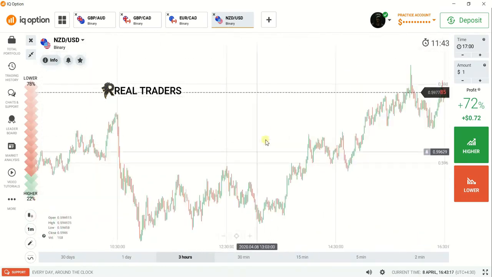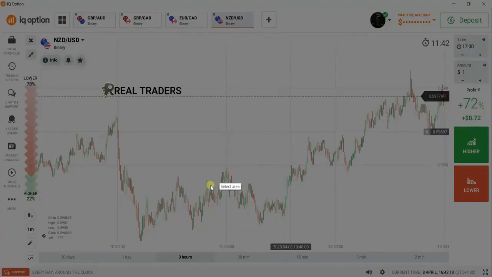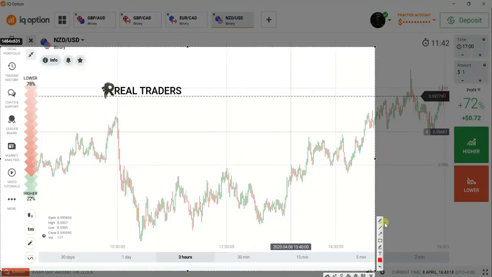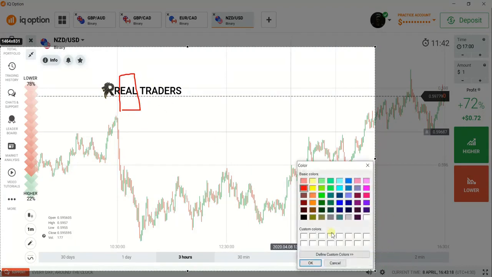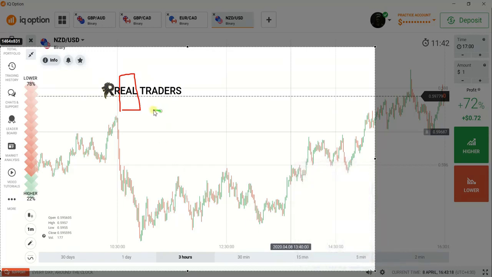Okay, another pattern we are talking about is the morning star and evening star. I'm showing you this pattern just to recognize it in the market. As you know, let me drag it in.